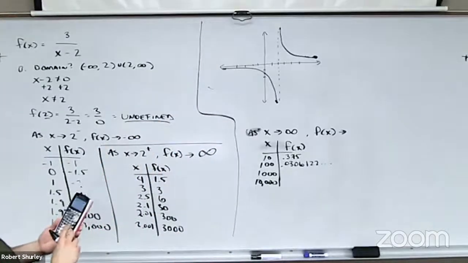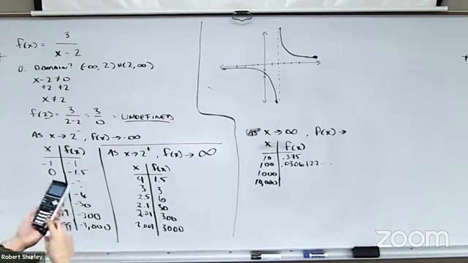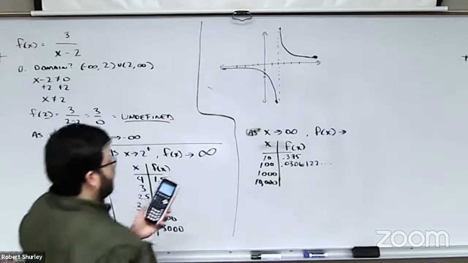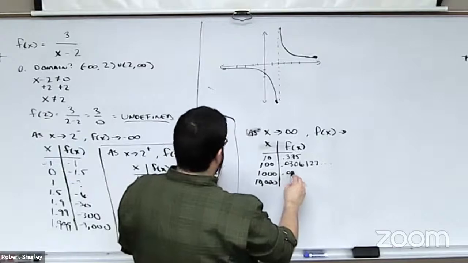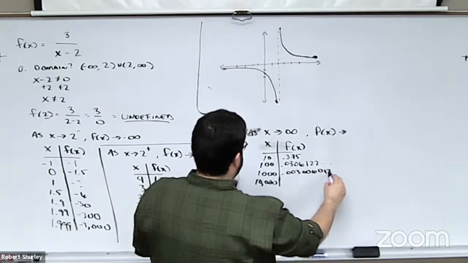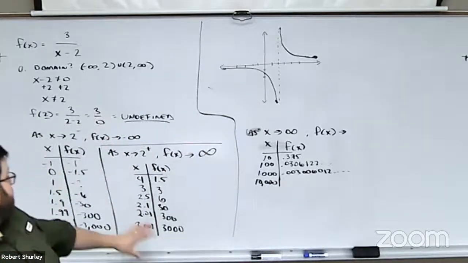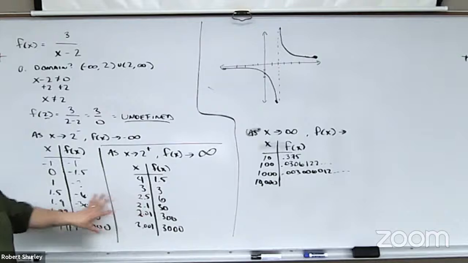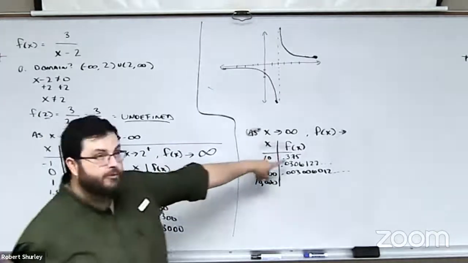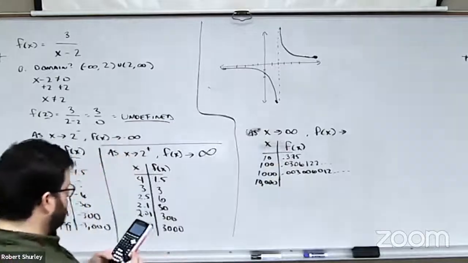Well, let's put in 1,000. So I'm going to do 3 divided by 998, right? 1,000 minus 2 is just 998. Oh, we get 0.003006012. Right? Well, this is a lot different than these two examples. This is not headed to an infinity, right? It's headed to a very specific number. Let's do 10,000.